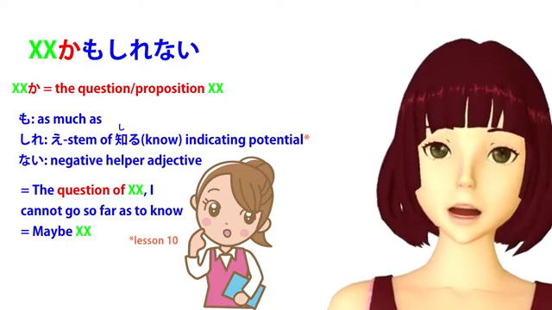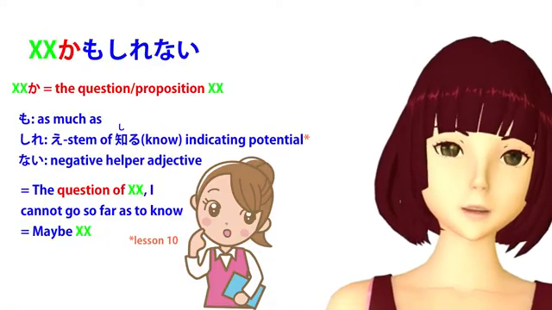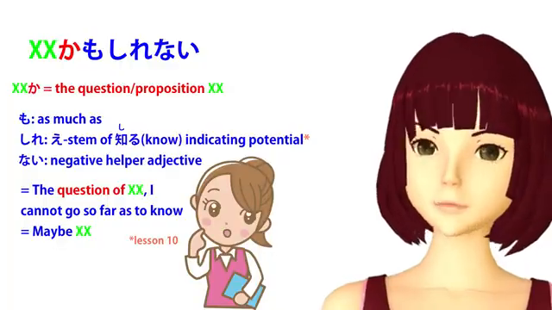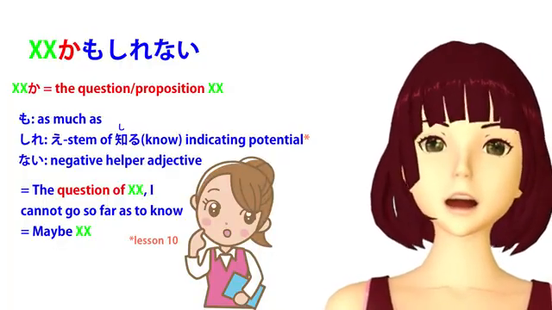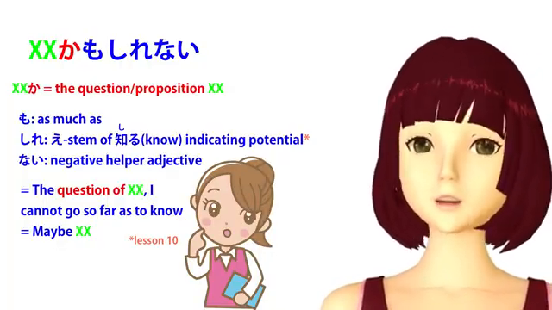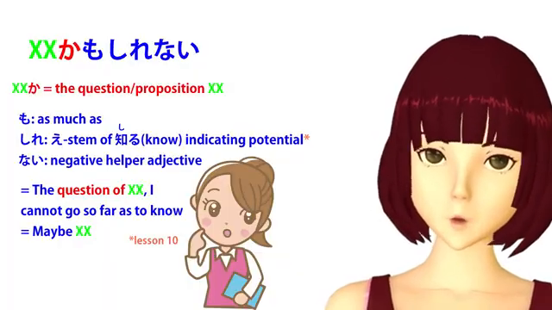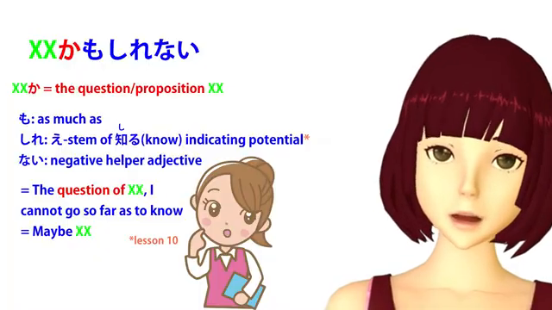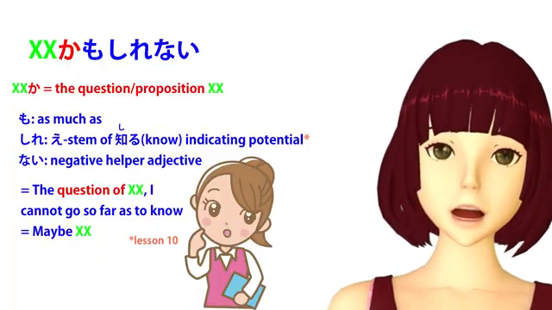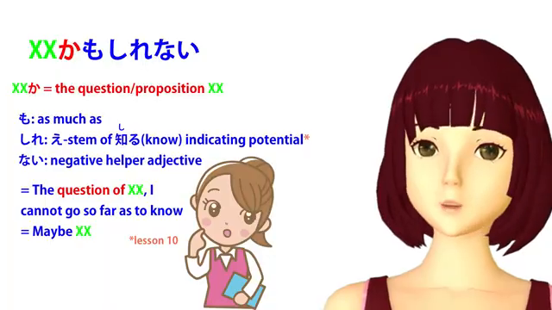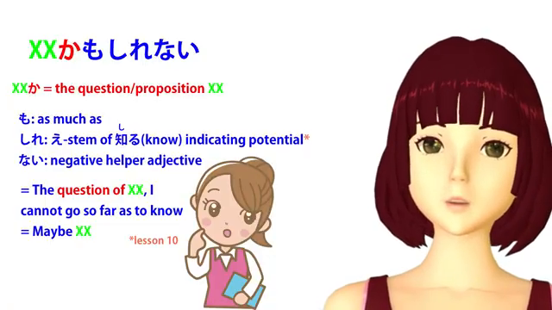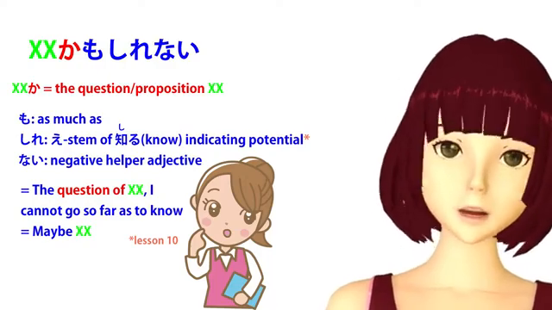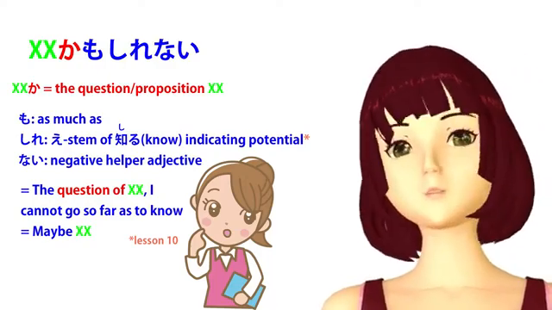The mo is giving us the meaning of even or as much as I've explained that it very often does, and shirenai is shiru, know, shireru, ability to know or be known, and the helper adjective nai. So the whole thing actually means Sakura ga kuru ka, the question of whether Sakura comes, mo shirenai. I can't go so far as to know. Maybe Sakura will come. Maybe she won't.